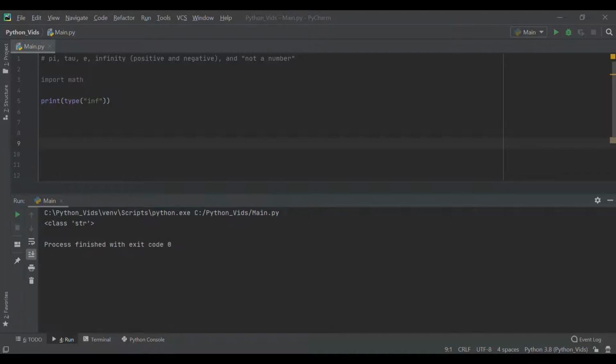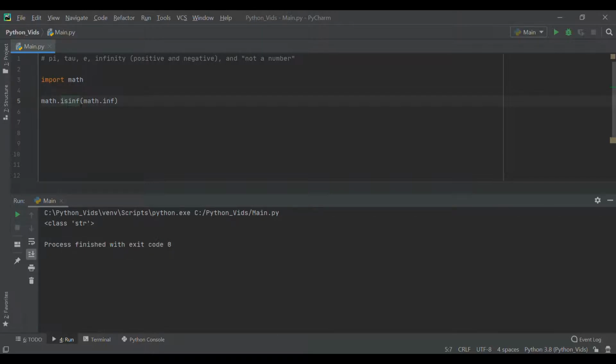Let's see. One thing we can do using the math module is check whether something is infinite. So let's do that. That is math.isinf, and let's just do this with infinity. So what is this doing? This is math, the math module, dot to show I'm going to use the math module for a function, isinf is our function.